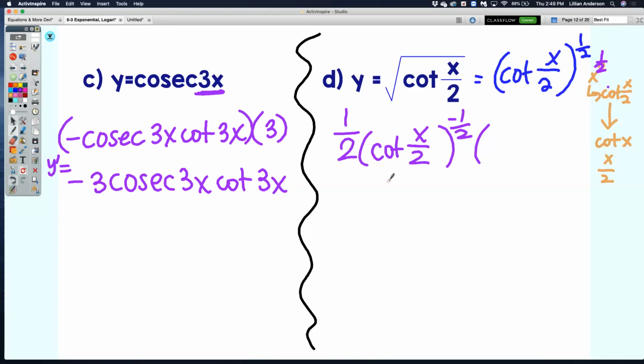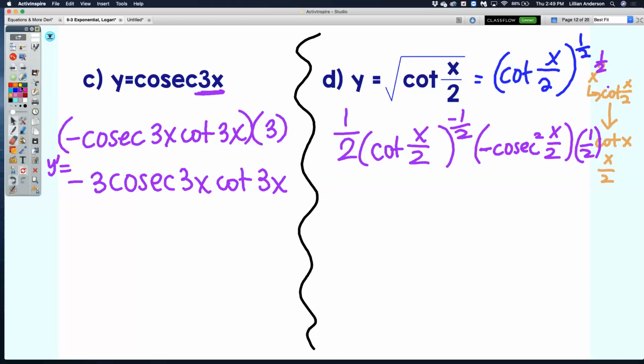What's the derivative of cotangent x? But I don't write an x, I write x over 2. And then I multiply that by the derivative of the inside, which is x over 2. What is that? 1/2. And that is with the 2 chains applied.